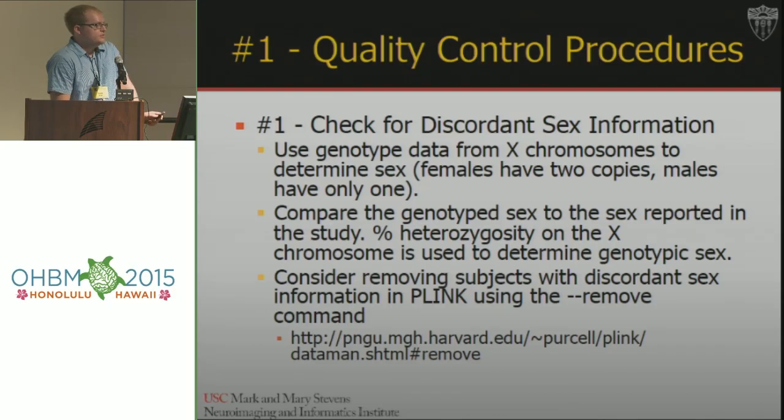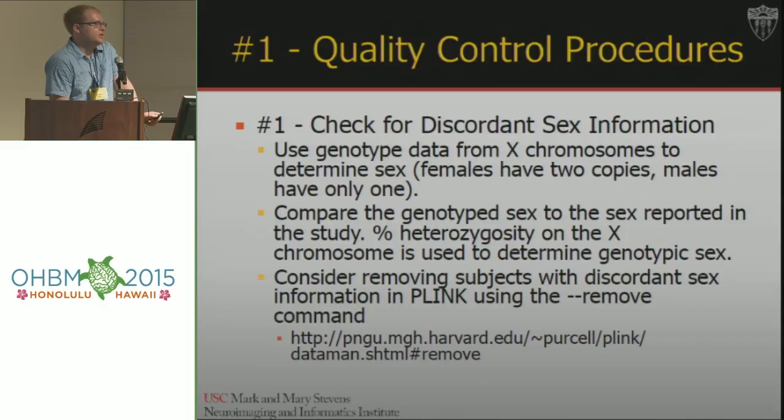Okay, so now that we've set up our file and we have everything, we need to start checking for problems. The first one to do is actually to check for discordant sex information. So I think most people are aware that men have one copy of the X chromosome and then a Y, and women have two copies of the X chromosome.